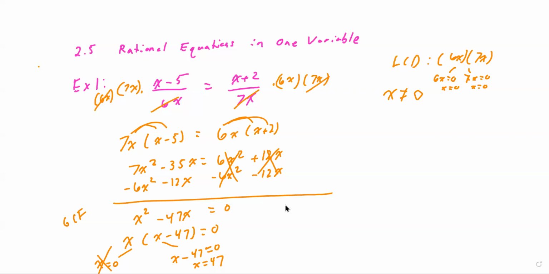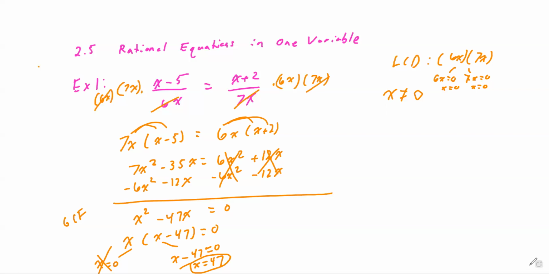So 49 divided by 329 is still 0.1489, whatever. So you can see that even plugging it in to check it, x equals 47. Now, because I came up with this question, it ended up being a nice, pretty number. But you'll probably end up with prettier numbers with the actual examples.